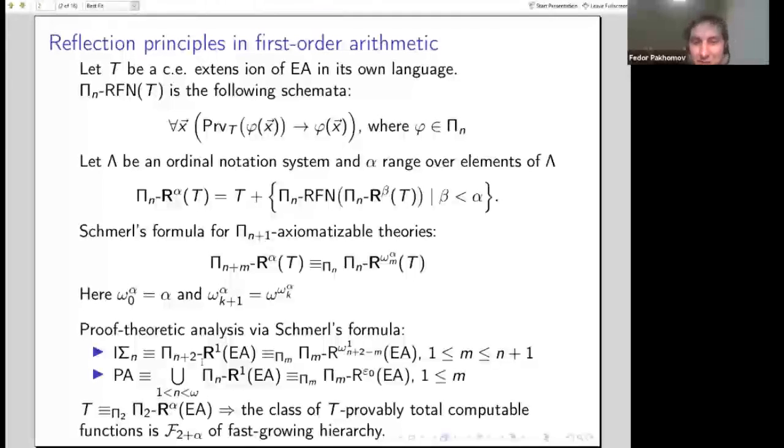And thus it's possible to apply this formula and characterize Π_m consequences of IΣ_n in terms of this omega exponentiation. It's possible to do the same for PA, but now we will get just epsilon_0 iteration of reflection for every complexity level.